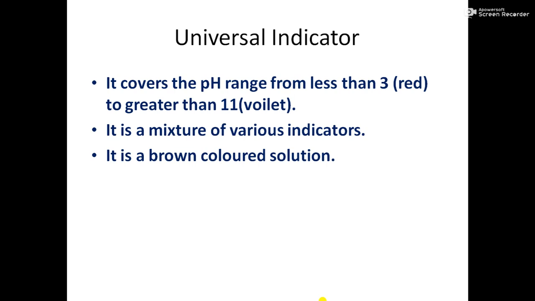So I can simply say that it is a solution having a mixture of various indicators. It covers the pH range from less than 3 to greater than 11, and generally it is brown in color.